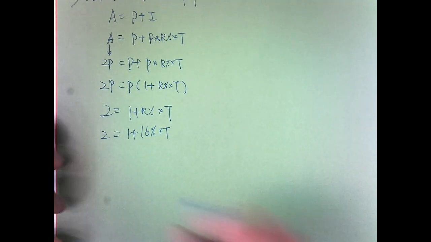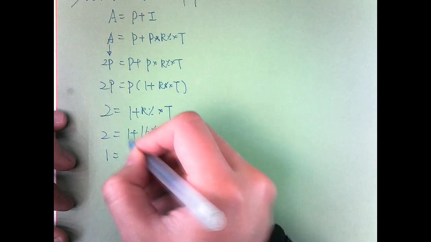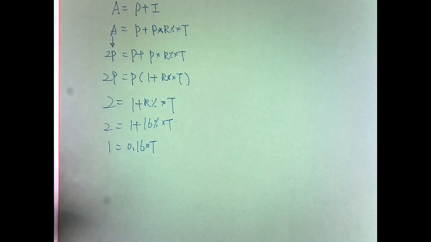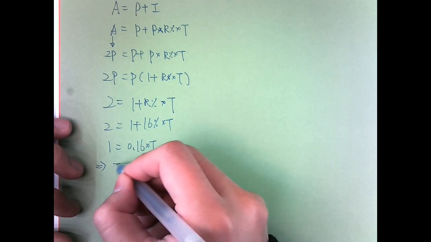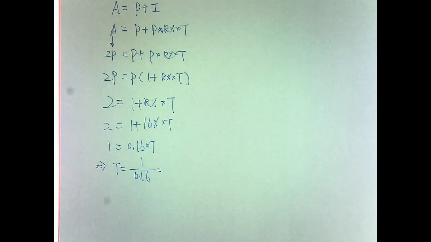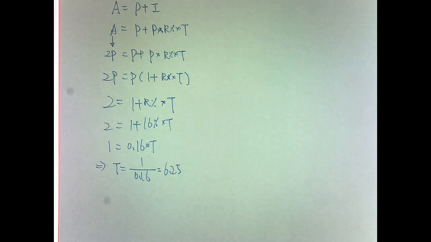Okay? So this one minus to this side 1. Divided both sides by 0.16. Okay, go to your calculator. So you have 6.25.